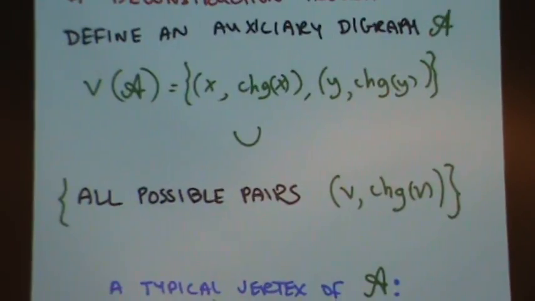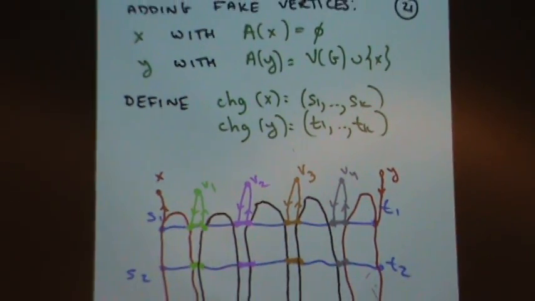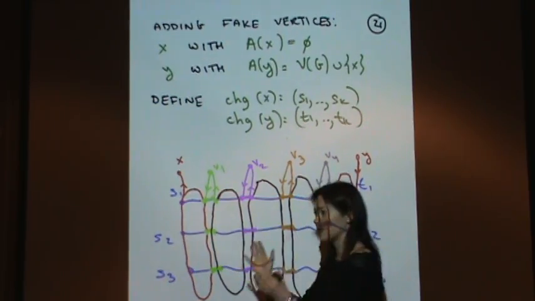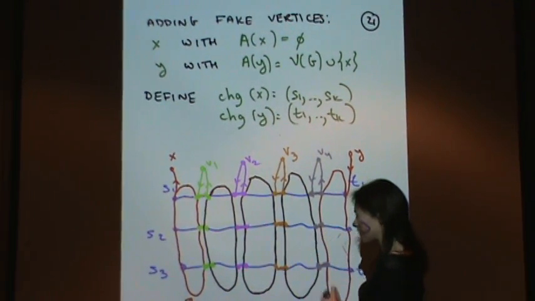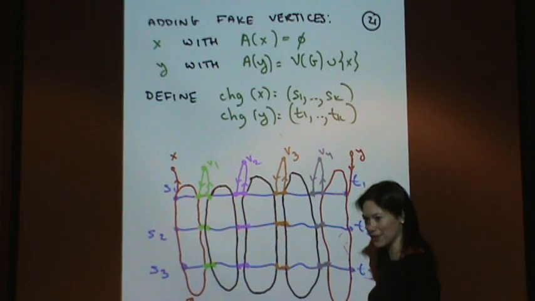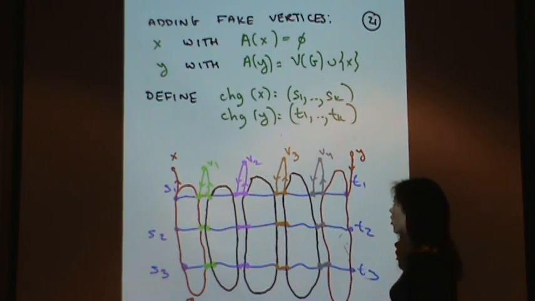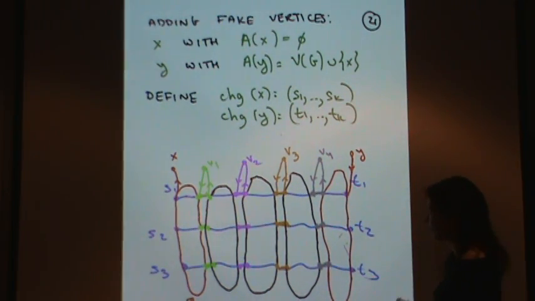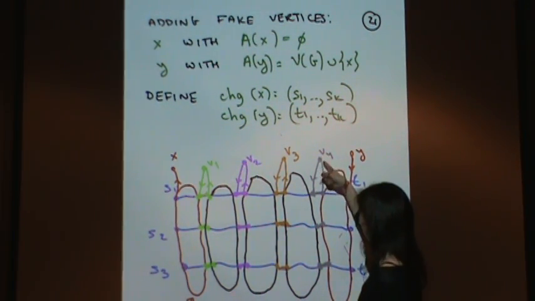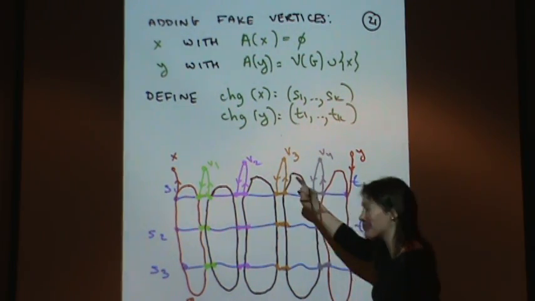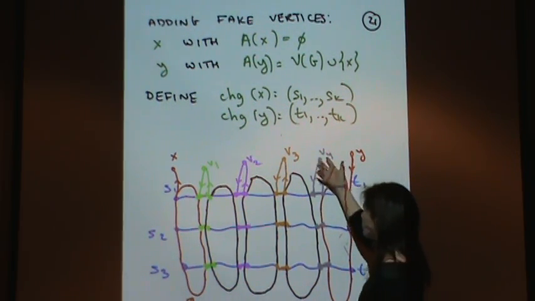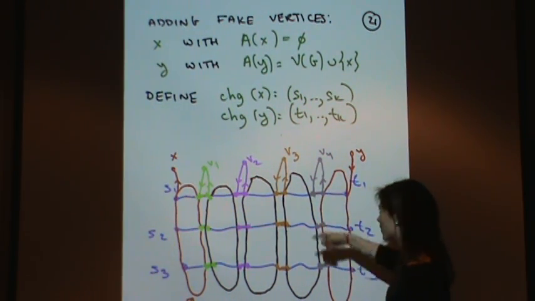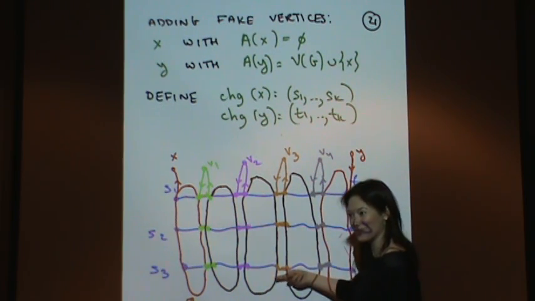Let me go back to this picture. Suppose there was a linkage, then I could in fact choose a bunch of surface vertices so that consecutive pairs are as close together as possible. There's nothing between them, and I have y and x. I claim this would be a path in my auxiliary graph. Let's check that v4 is adjacent to v3, for example. Not v4 itself, but v4 with this guess at the changeover place is adjacent to v3 with this guess at the changeover place.